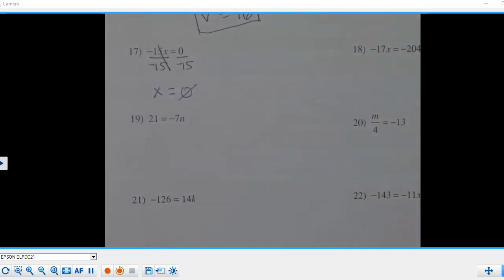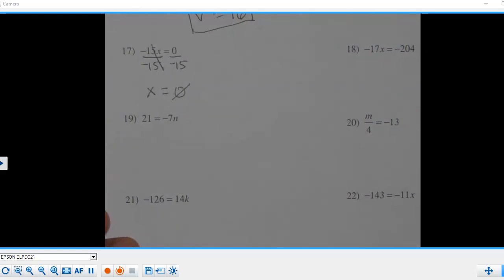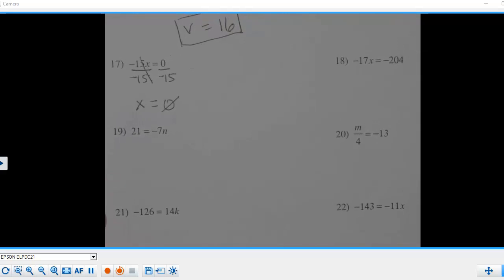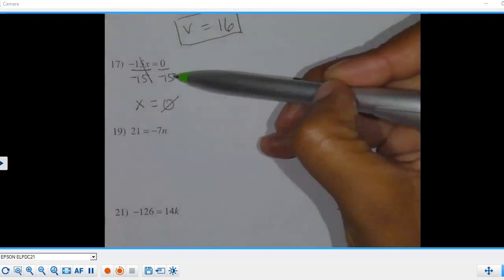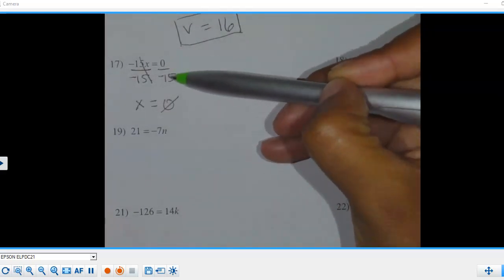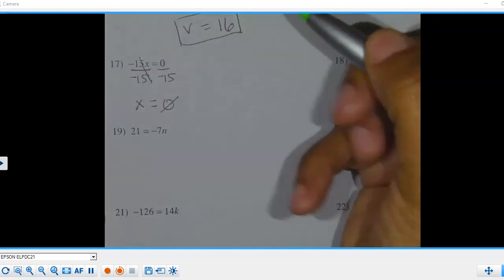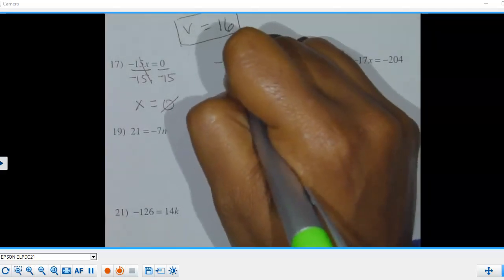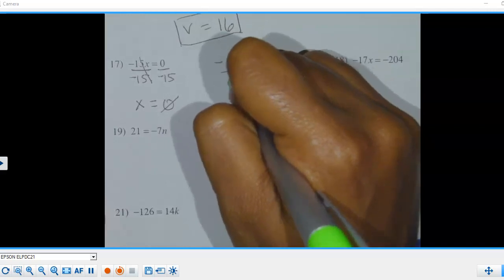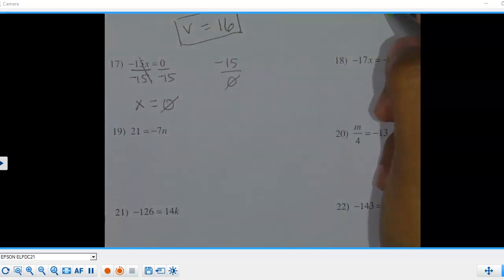Now before I go in to do number 18, I want to say this, and this is very important. There will be times, again, this is acceptable. You can do 0 being divided by 15, but you know what you can't do? You can never have a number divided by 0. Let me say that again.